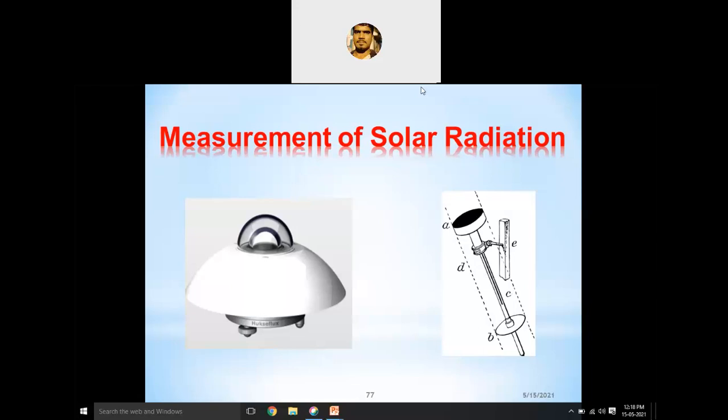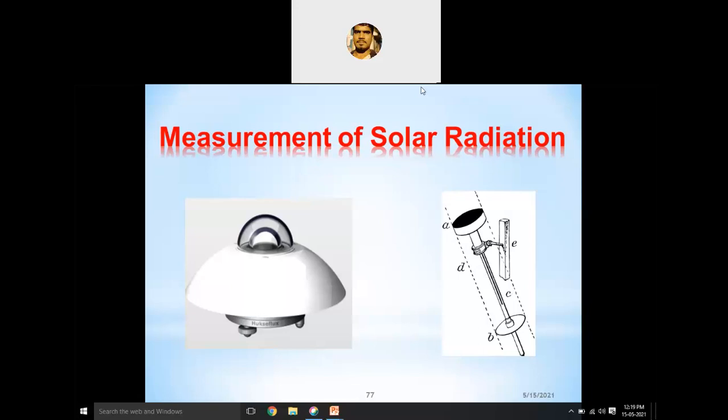Some experimental determination of the energy transferred to the surface by solar radiation requires instruments that measure the heating effect of direct or diffuse solar radiation. These may be beam measurements or diffuse measurements, which respond to the solar radiation received from a very small portion of the sky.